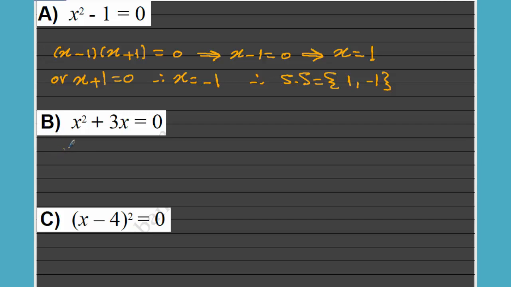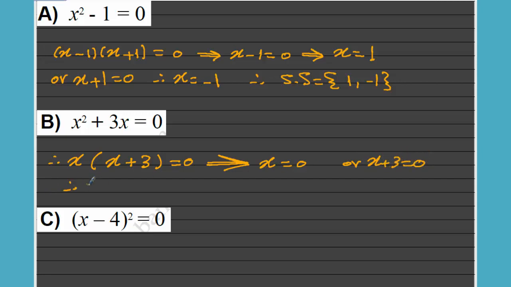B, we have x squared plus 3x equals 0. So by taking x as a common factor, we have x multiply x plus 3 equals 0. So x equals 0, or x plus 3 equals 0.